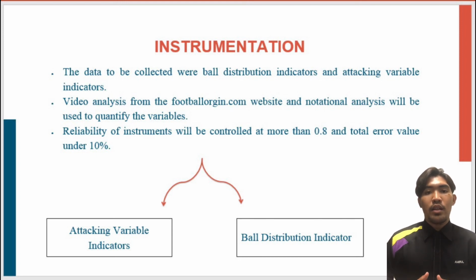Meanwhile, for the attacking indicators, goals, total attempt, on target attempt, off target attempt, shot inside penalty area, shot outside penalty area, and attempts from free kick, corner kick, and penalty kick will be analyzed. Video is analyzed from the footballorigin.com website, and notational analysis will be used to quantify the variables. The reliability of the instrument will be controlled at more than 0.8 and a total error value under 10%.